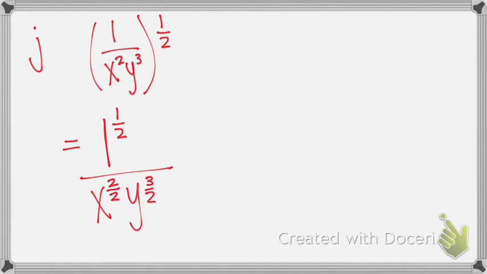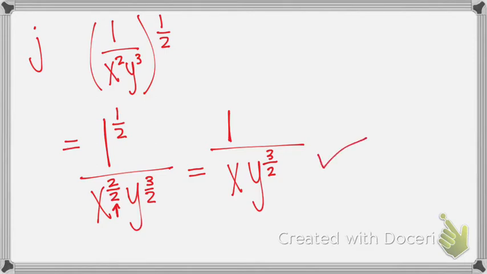All right, well, 1 to the 1/2 power is simply just 1 over, remember this 2 divided by 2 is just a 1, so we have x, and then we cannot simplify the 3/2. So that is how you do J. This answer is also the answer to letter F and letter D.